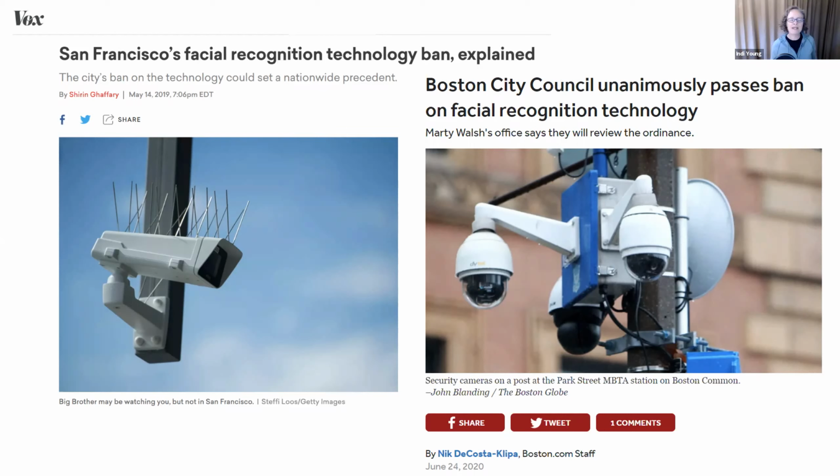So there have been numerous cases where people have been arrested for something, and generally it has been stealing a candy bar. They've been arrested for that based on a facial recognition connection.